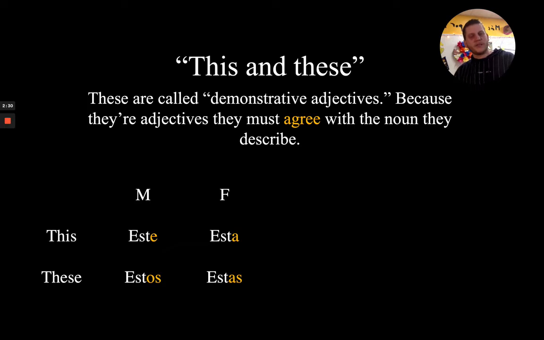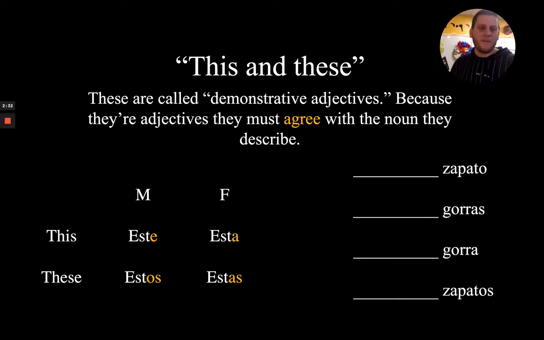Let's practice a little bit with these now. So, zapato. What does zapato mean? Shoe. This shoe. Which one of these are we going to use to say this shoe? Este. All right. Gorras. Which one of these are we going to use to say these? Gorras means what?